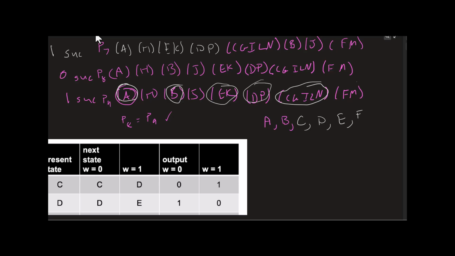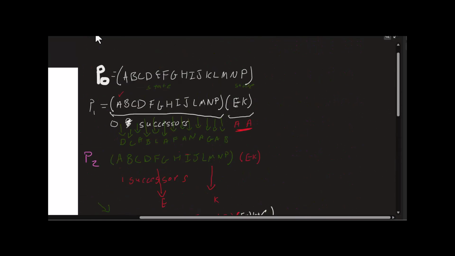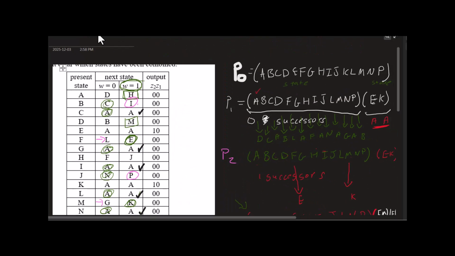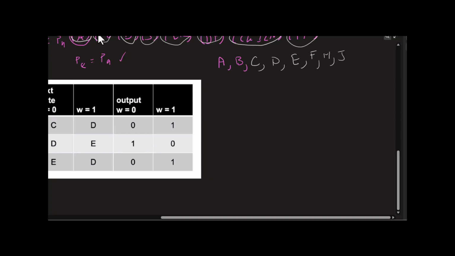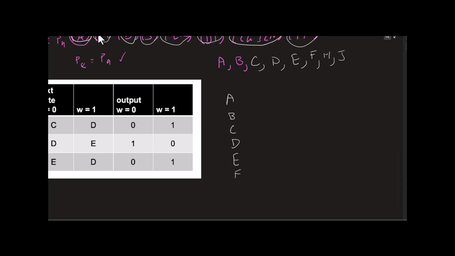You can choose whichever one you want. F from that one, and H from that one, and J from that one. So I have 1, 2, 3, 4, 5, 6, 7, 8 states as opposed to however many we had up here. So my new state table, I have A, B, C, D, E, F, H, J.